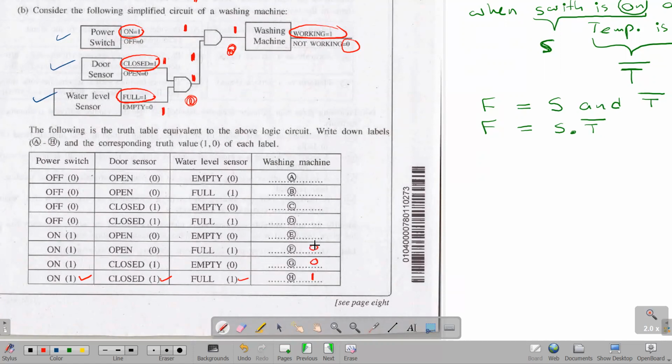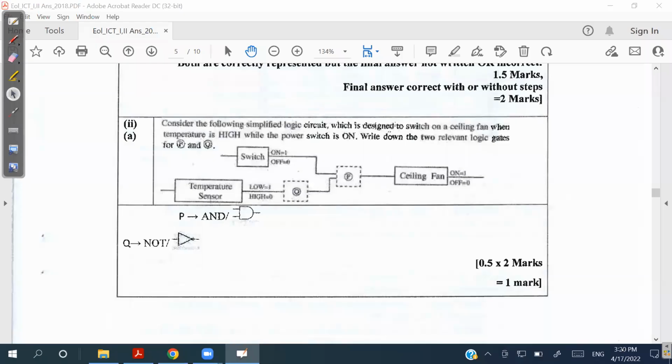The rest is going to give you a 0. Okay, is that clear, everyone? Okay, great. So let's see the marking as well.